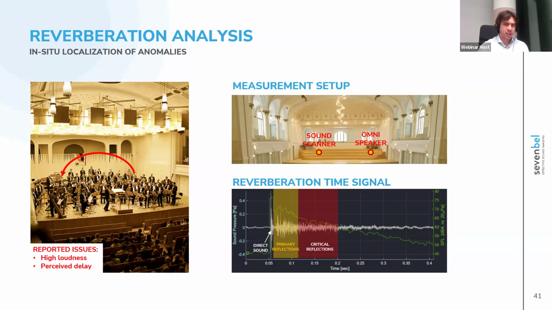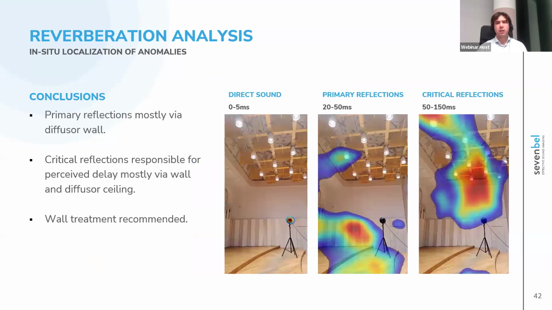Of course, the user can select any time interval for their analysis and create an acoustical image from that. But let's focus on 3 different time intervals: 0 to 5 milliseconds, 20 to 50 milliseconds, and 50 to 150 milliseconds. So of course, the first few milliseconds are perfectly located on the omnidirectional sound source, which is emitting these pulses.